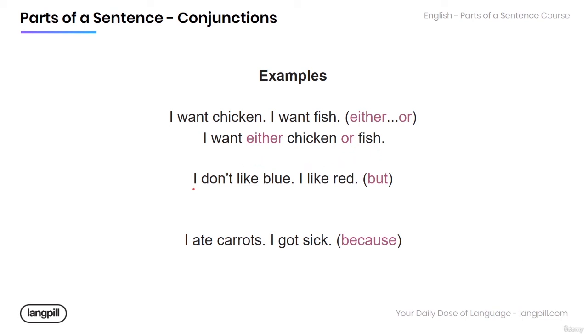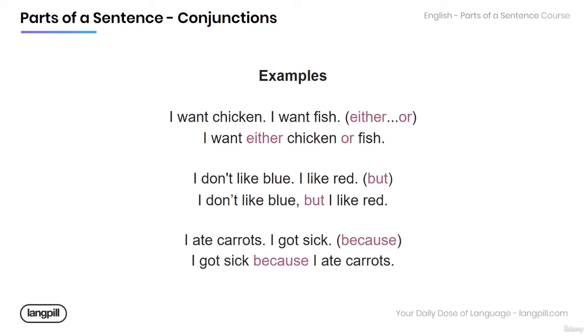Next we have, I don't like blue, I like red. So for this sentence, we have, I don't like blue, comma, but I like red. And our last sentence, I ate carrots, I got sick. Okay?